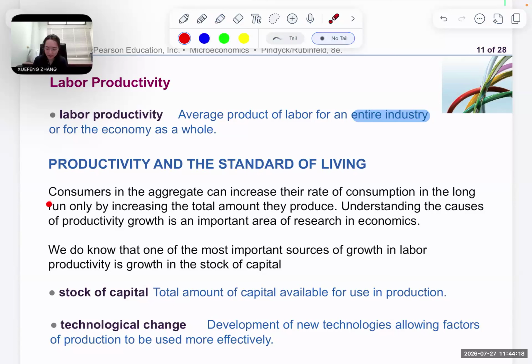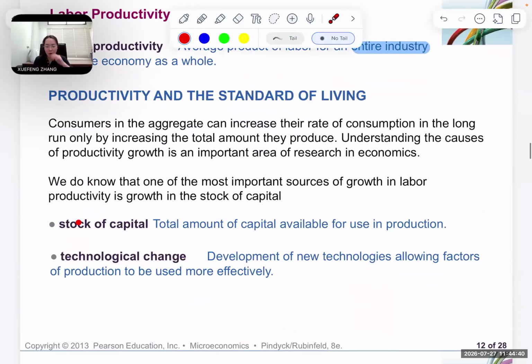Which means in the long run, a country can only consume more if it produces more, right? You can't have everyone earning higher wages and buying more stuff unless the economy is producing more total output. There's no shortcut.